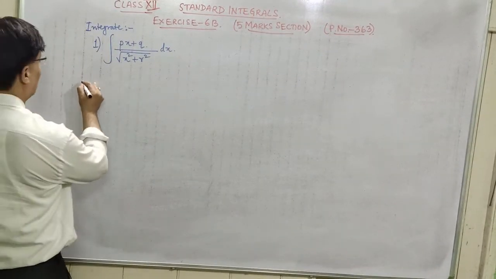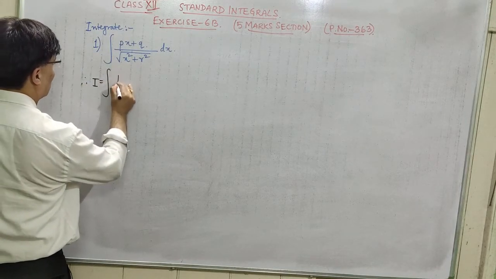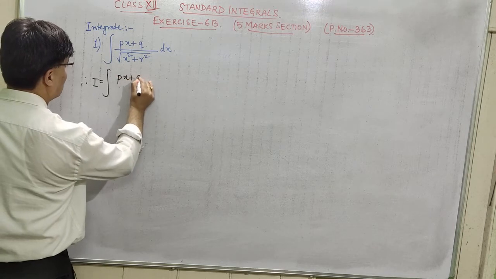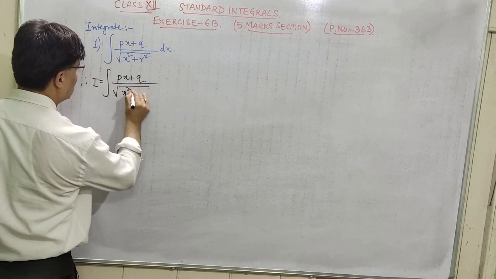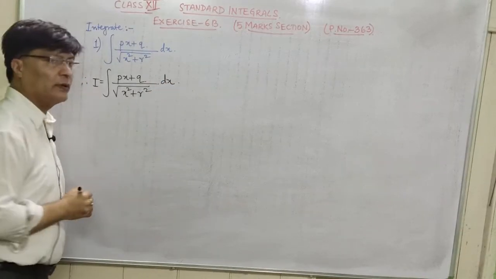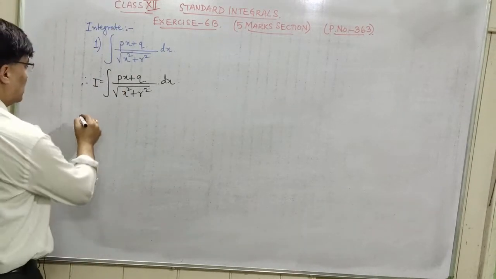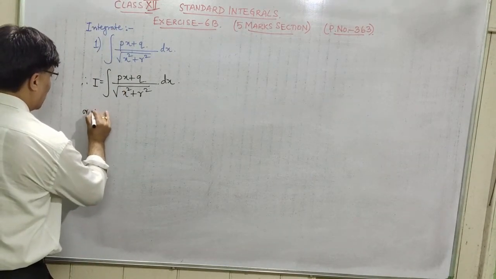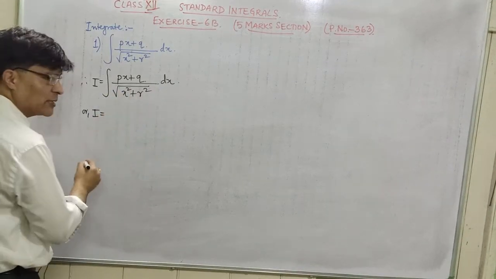Therefore I is equal to the integration of (px plus q) divided by root over x square plus r square dx. Okay, is that clear? Now we can separate the term here. So directly you can separate the integral sign and dx also.